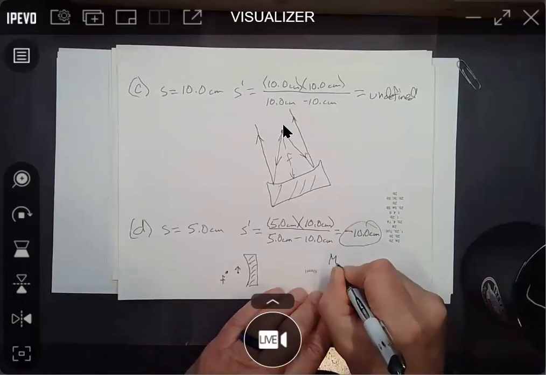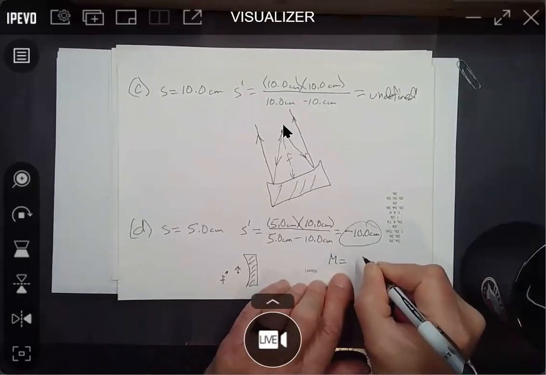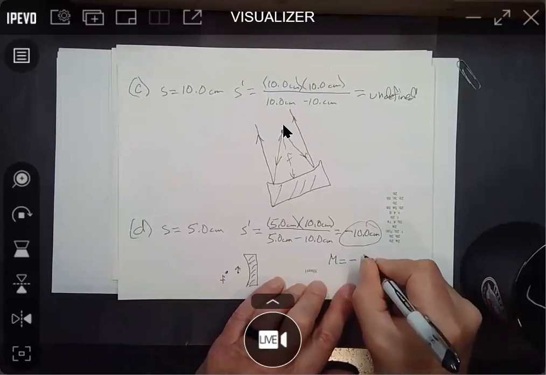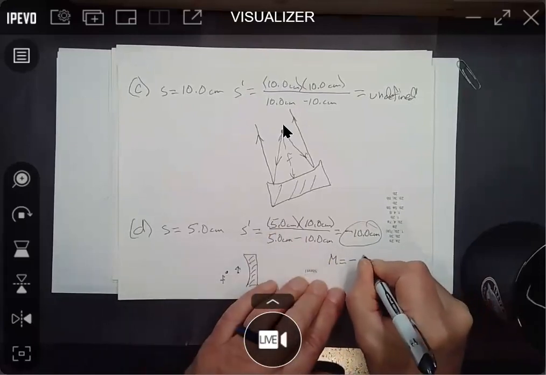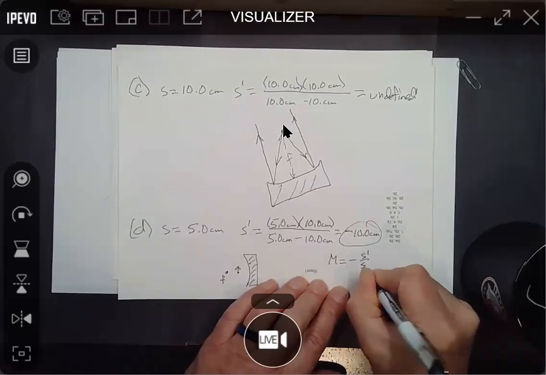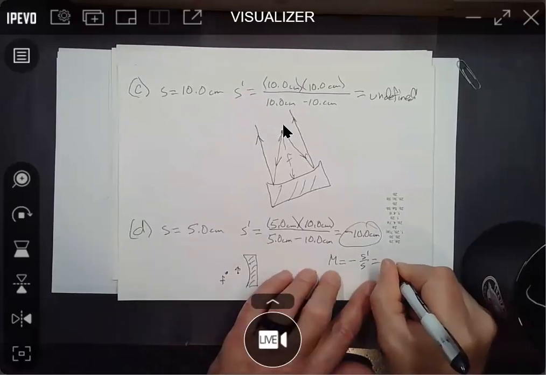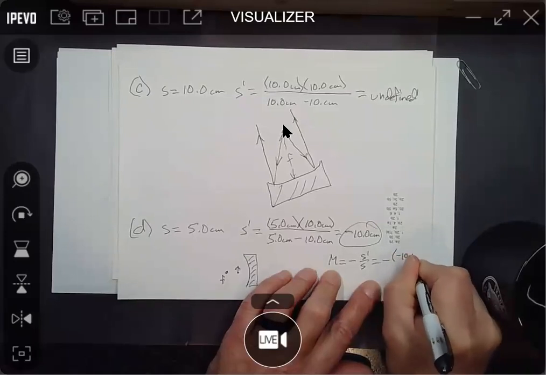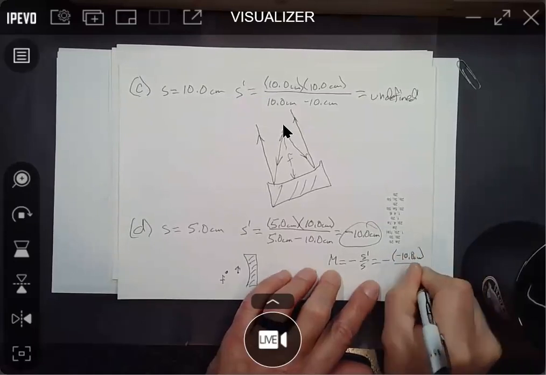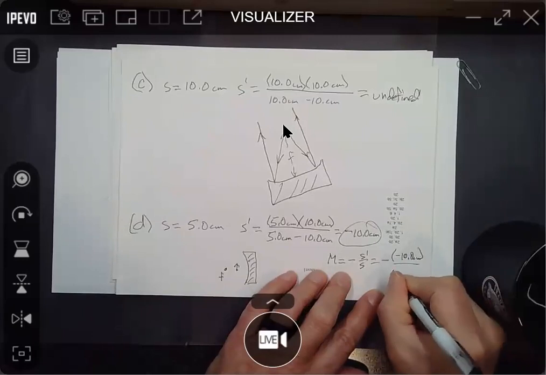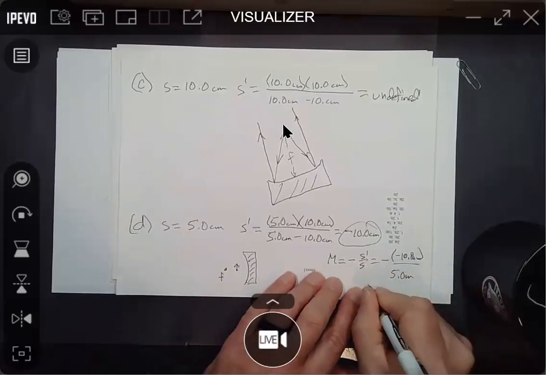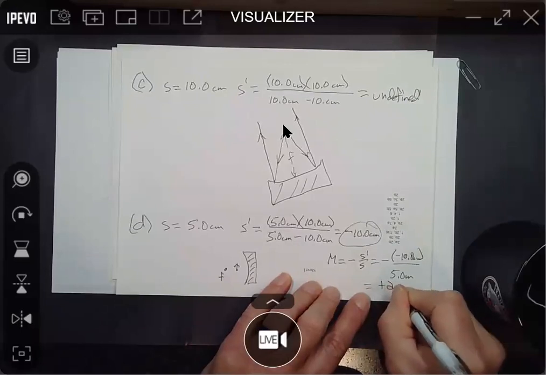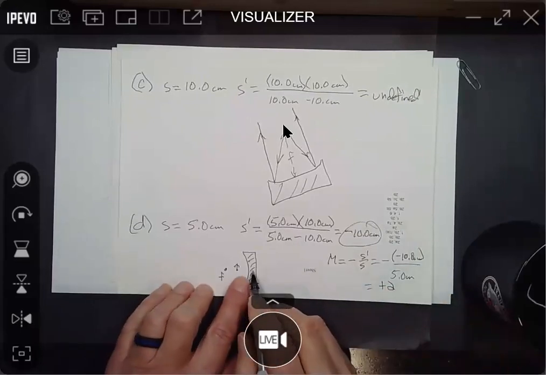To figure out if it's real or inverted or right side up, I take the magnification, which even for this kind of image is always minus S prime over S, which is going to be negative of negative 10.0 centimeters, and S was 5.0 centimeters. Well, negative times negative is positive. The magnification is going to be +2.